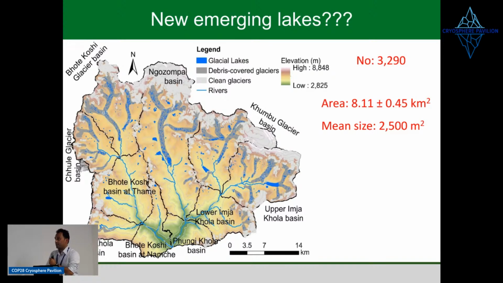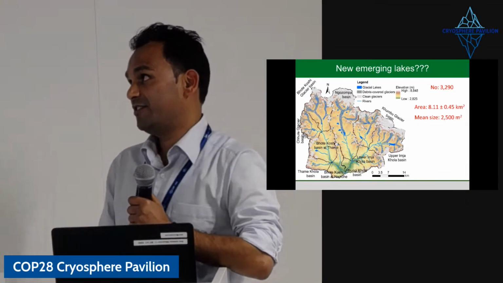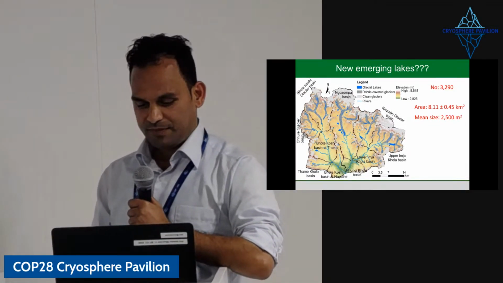I did a study in the Everest region using very high resolution satellite images from WorldView and SPOT, and there were different levels of uncertainty depending on the satellite image. If we use very high resolution satellite images, the number of glacial lakes increases at different levels.